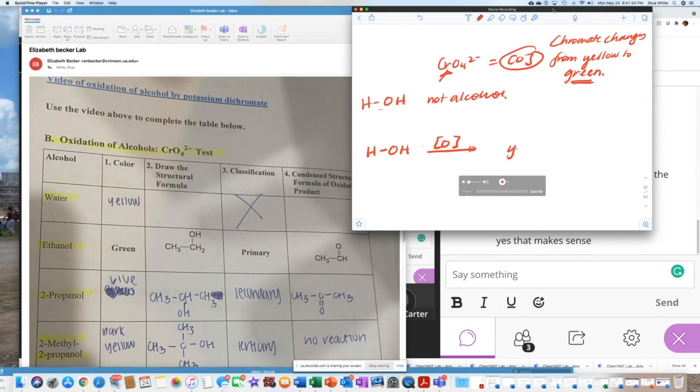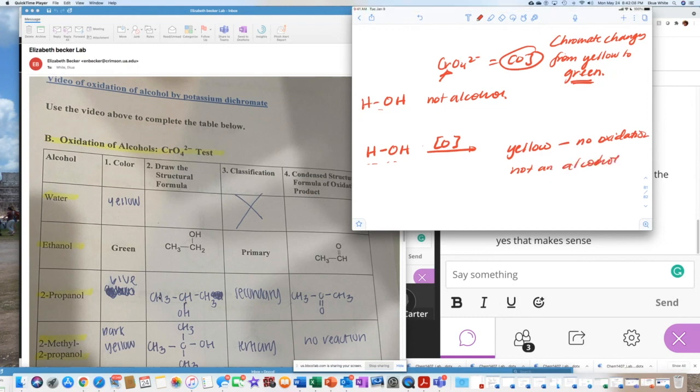We see the color yellow, which means no oxidation, which makes sense. You cannot oxidize this because it's not an alcohol. So that would be right. It's not primary, secondary, or anything. You can draw the water as that. That's fine. But there should be no product here. Number 4 should be N/A, nothing.